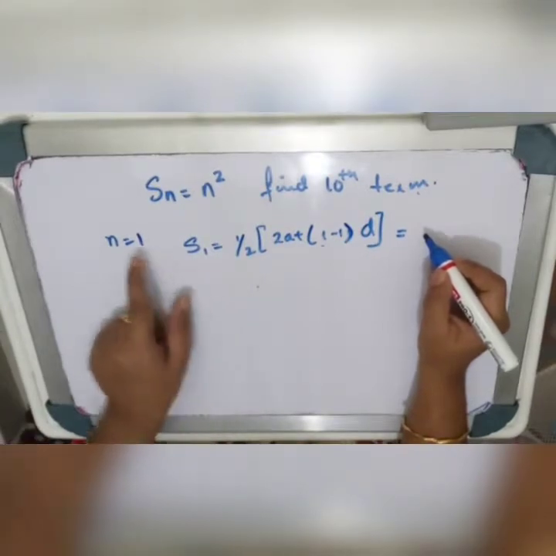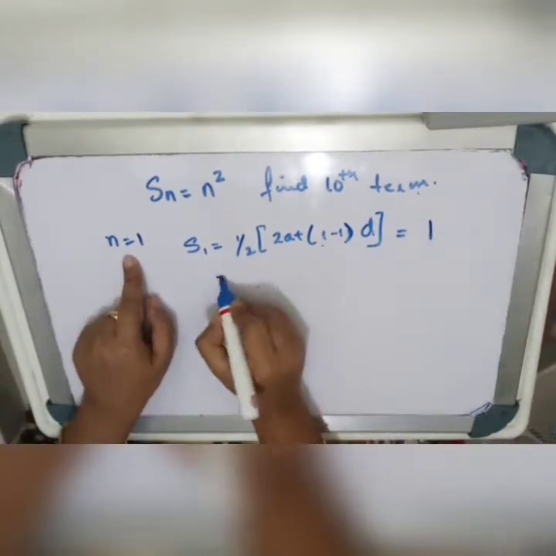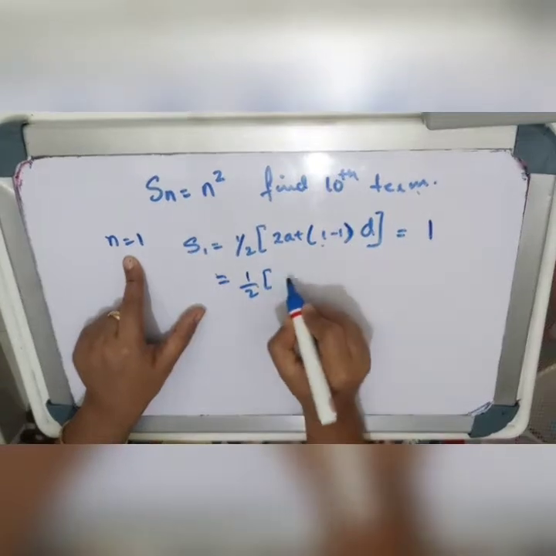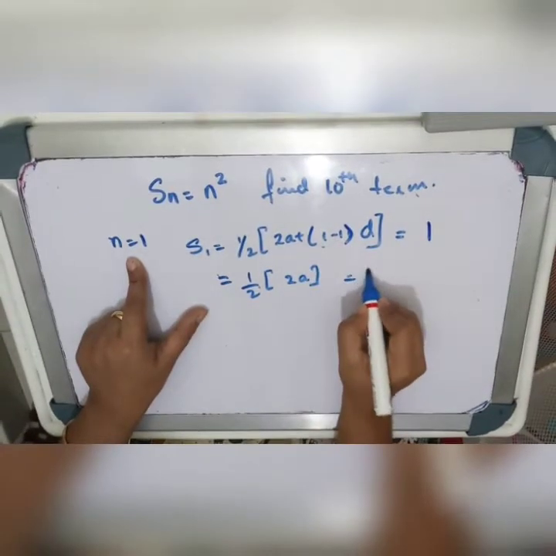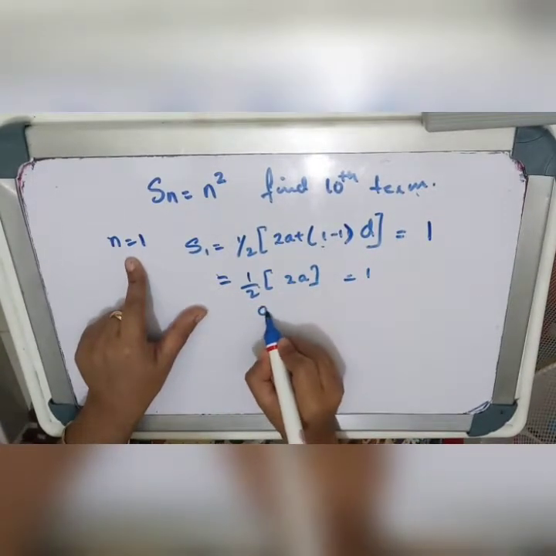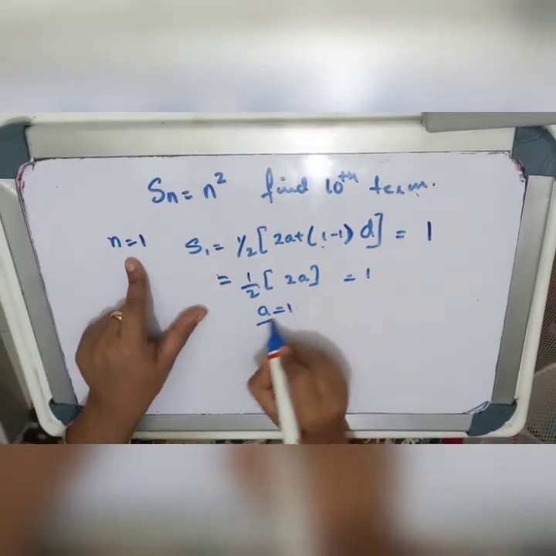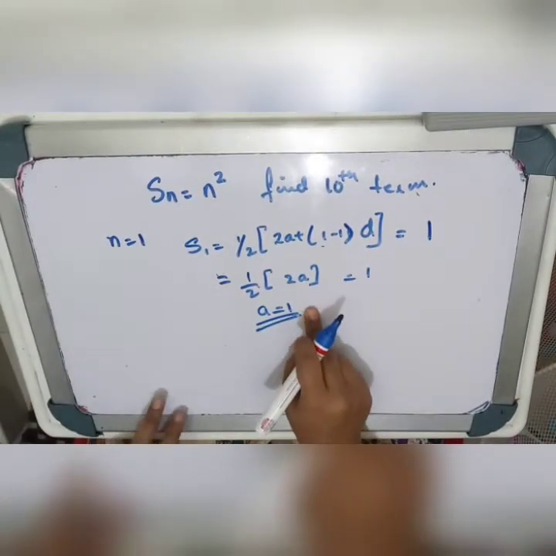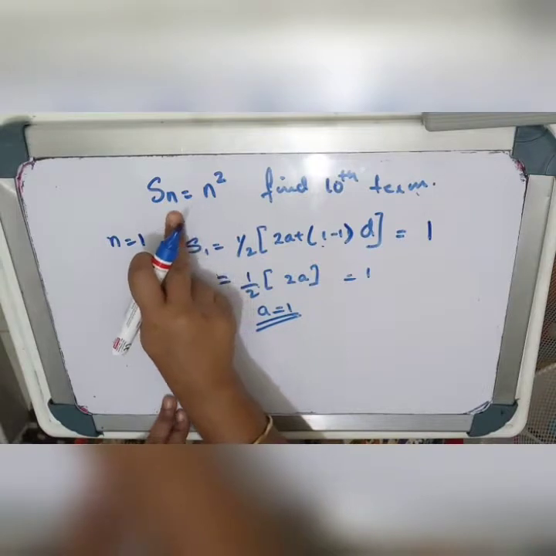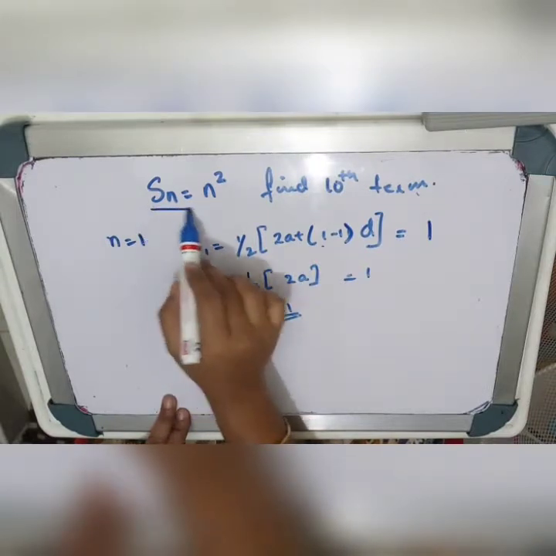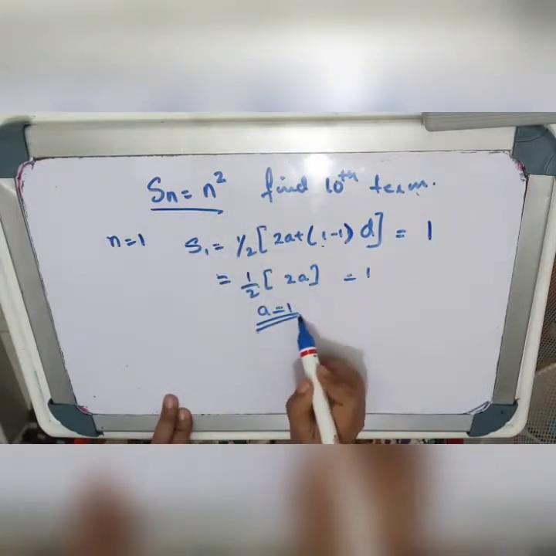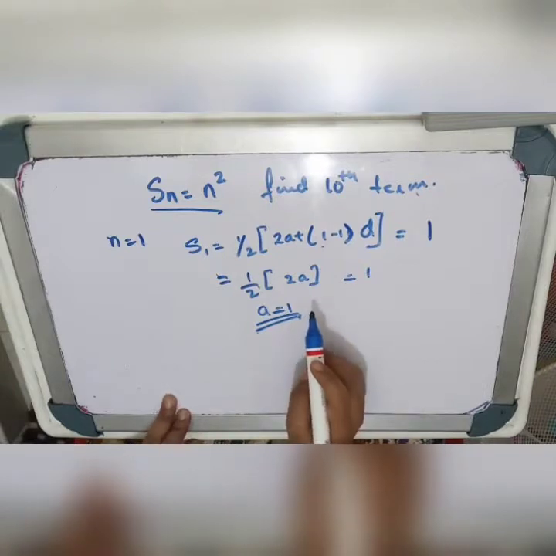What is the value of n square for n is equal to 1? It is 1. So 1 by 2 into 2a is equal to 1. That is, we'll obtain the value of a as 1. Okay, when we substitute n is equal to 1 for sum of n terms, we get the value of the first term, a is equal to 1.